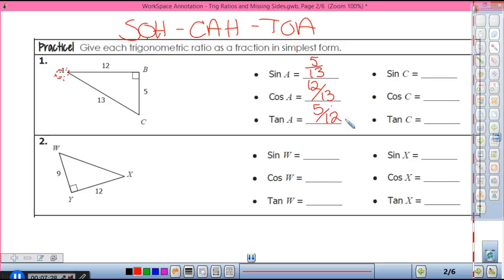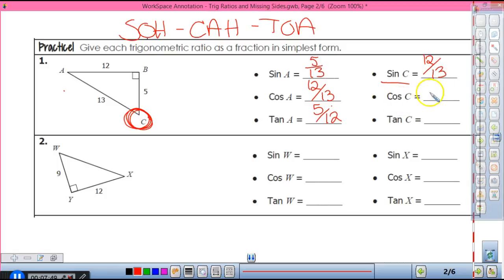Okay. Are we confused about opposite and adjacent? Okay. Positive? Alright, so now it's asking for sine of C. So now we have to change our point of reference down here to C. Okay, so sine opposite 12 over hypotenuse 13.